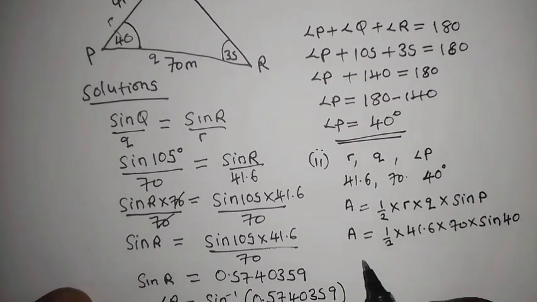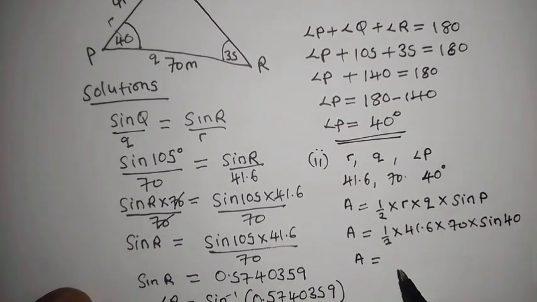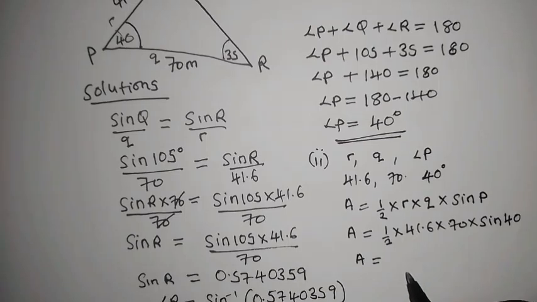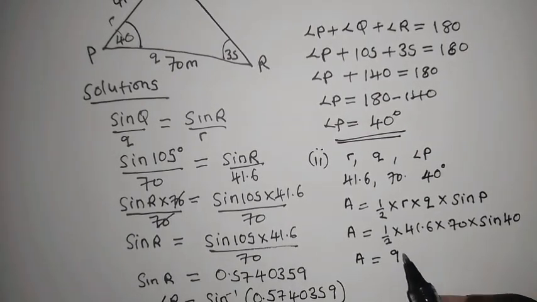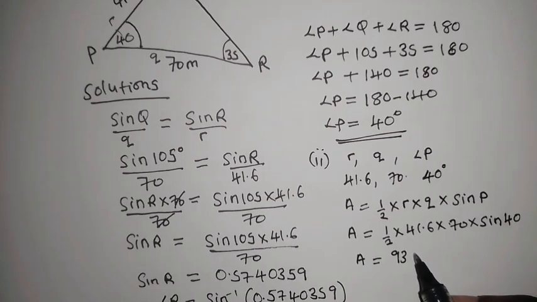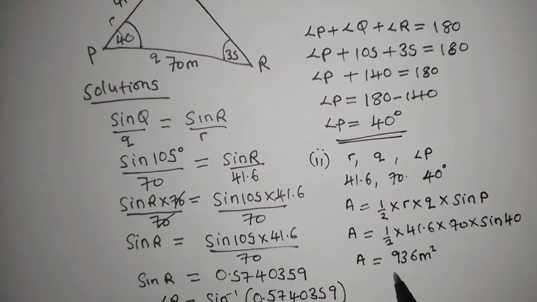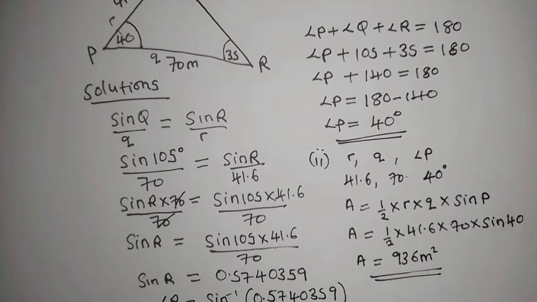Once you evaluate everything and round off to 3 significant figures, you're going to get 936 meters squared. That's your area.